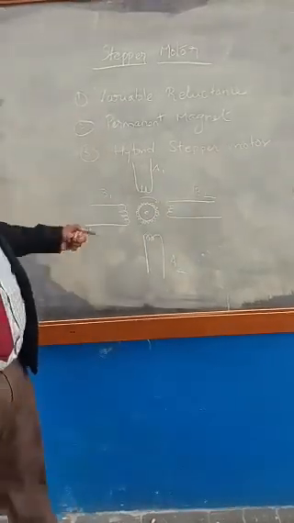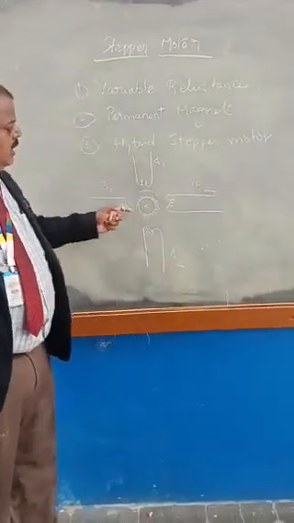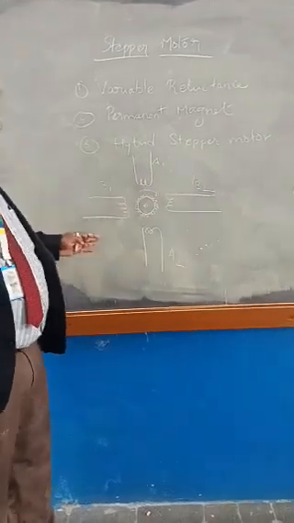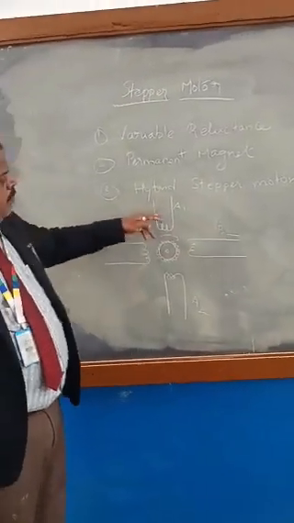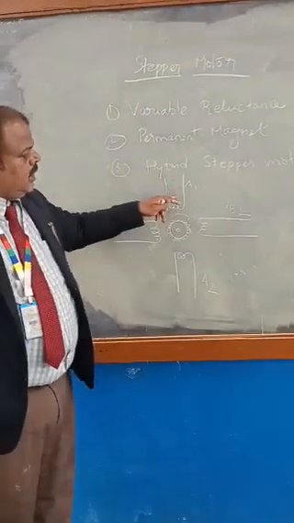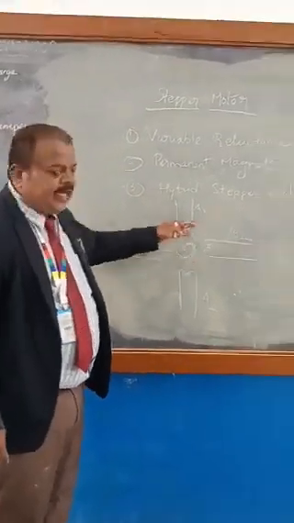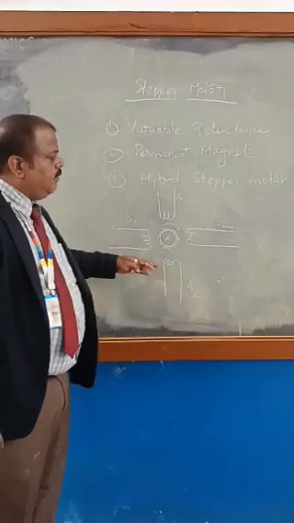Now we'll see how this stepper motor rotates in steps in the clockwise direction. We have four poles here: A1, A2, B1, B2. If you give pulses to these poles, the rotor will rotate according to that angle.